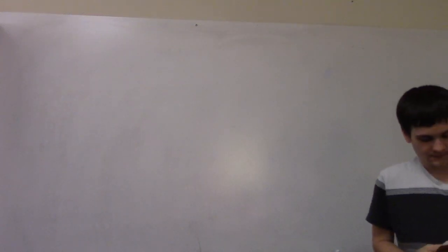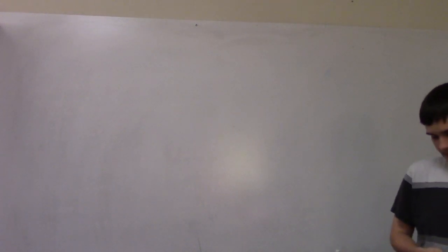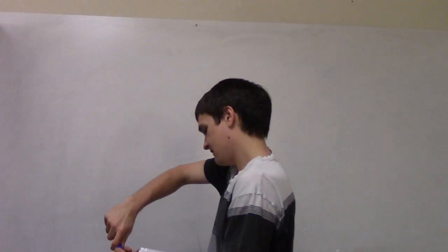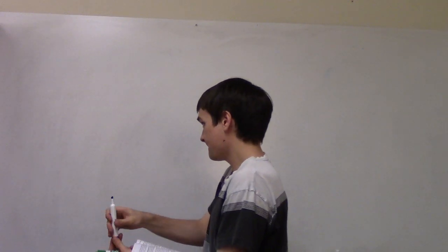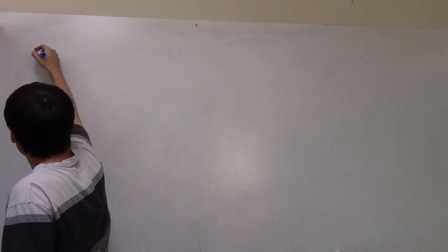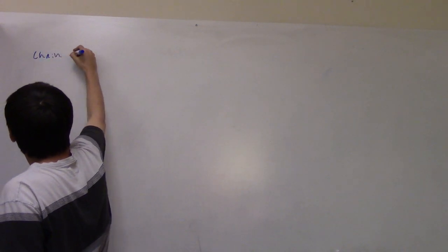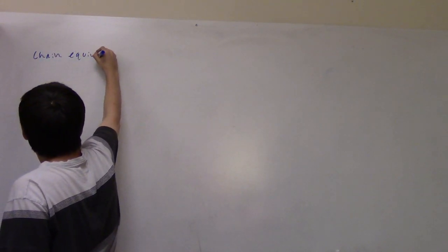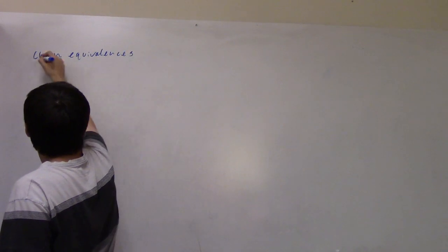So, let's see how I want to do this next section here. These next two sections are kind of related. So, the section here, chain equivalences, there's a lot of algebraic lemmas and things. Let's write it down. So what's the big idea of this section?